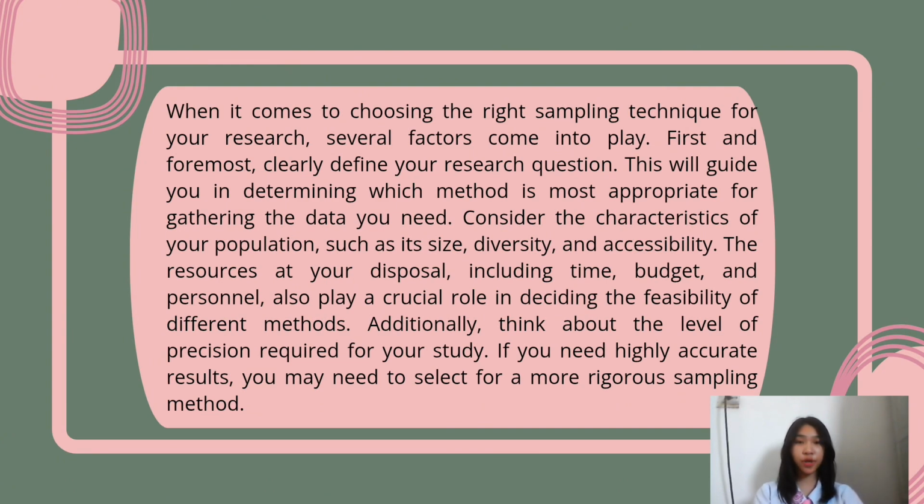The resources at your disposal, including time, budget, and personnel, also play a crucial role in deciding the feasibility of different methods. Additionally, think about the level of precision required for your study. If you need highly accurate results, you may need to select a more rigorous sampling method.